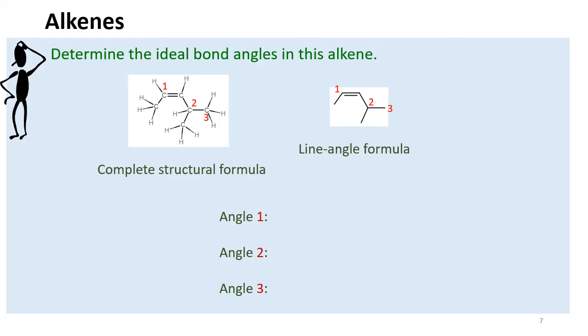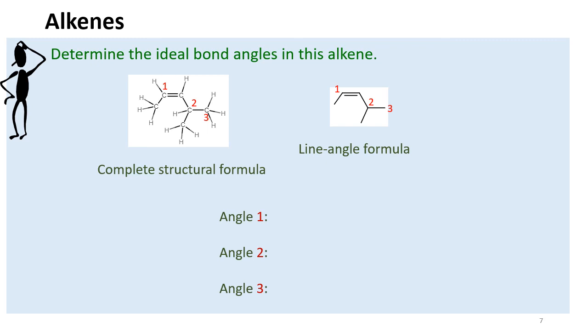Now, for hydrocarbons, the structural formula, either the complete structural formula or the line angle structural formula, is actually a Lewis structure because there are no lone pairs in these things. And because of that, we can determine the molecular geometry and the angles just by looking at the structural formula.